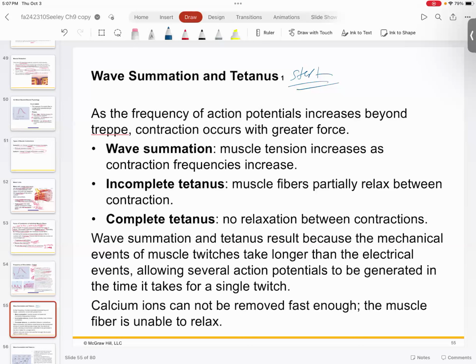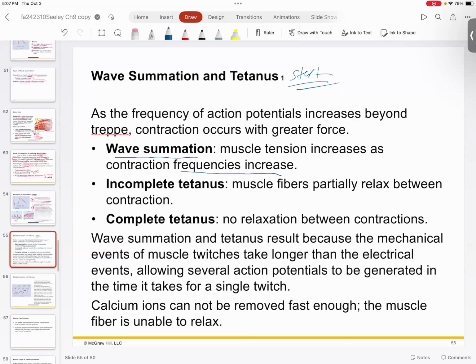This is where we start to get the increase in the frequency of your contractions. You start to add one contraction to the next, so you have a summation of contraction force as you move up.